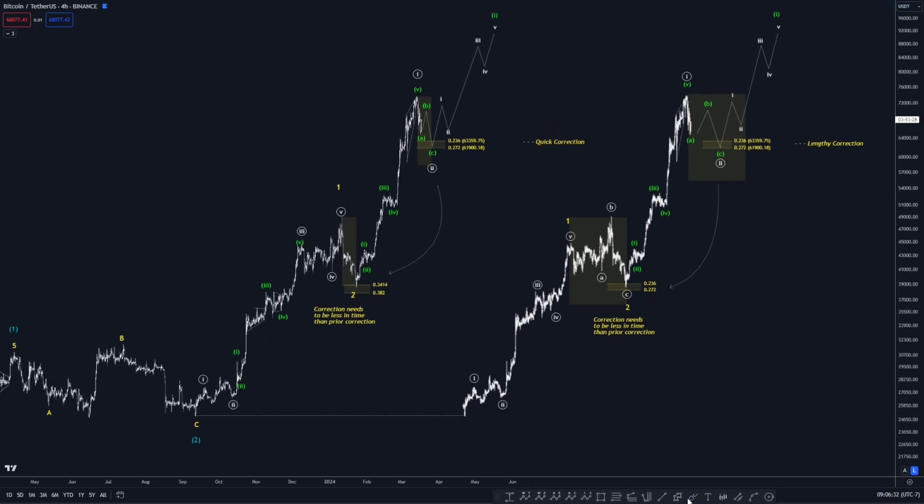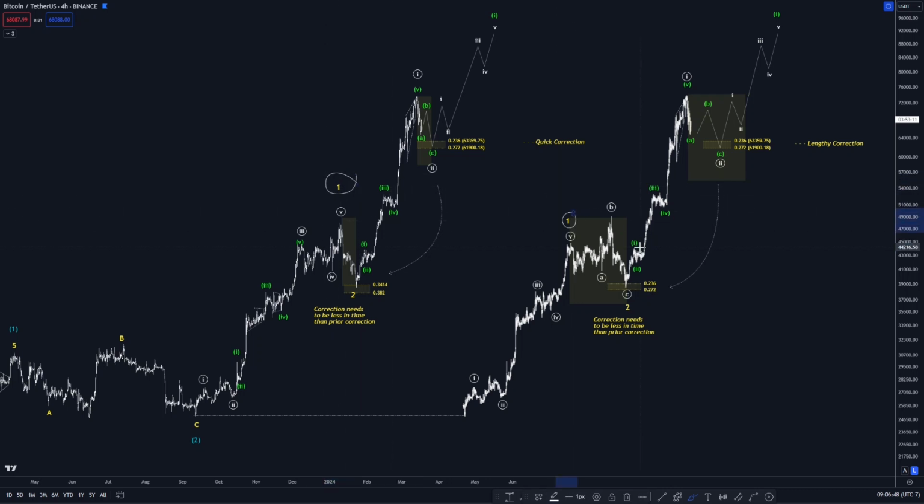So from the bullish perspective, nothing's changed. We still have our intermediate wave 1 pivot here and our intermediate wave 2 pivot here. And instead of this being an intermediate wave 3, we're seeing this as another wave 1.